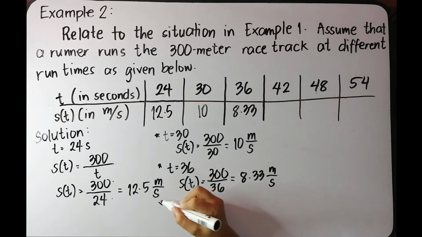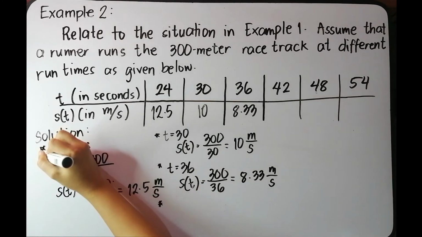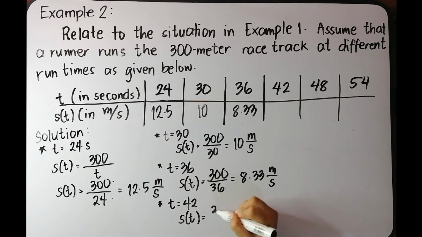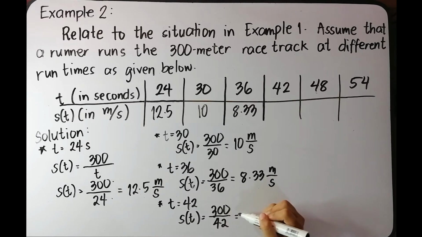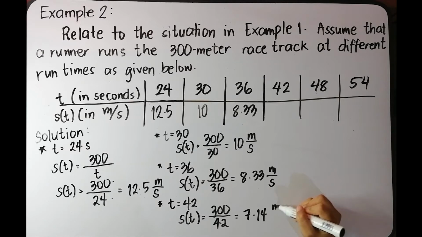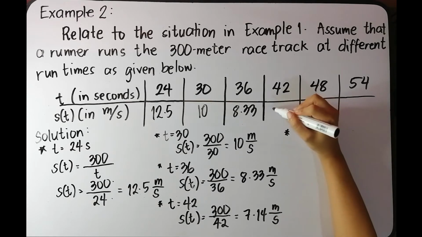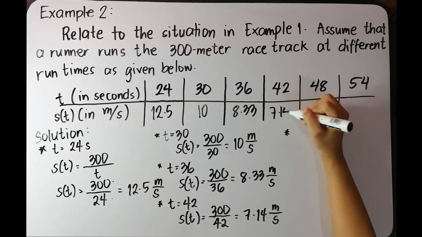Next, this is for T equals 42. So we have S of T equals 300 divided by 42 seconds, which is 7.14 meters per second. Let's just write it in the table, 7.14.